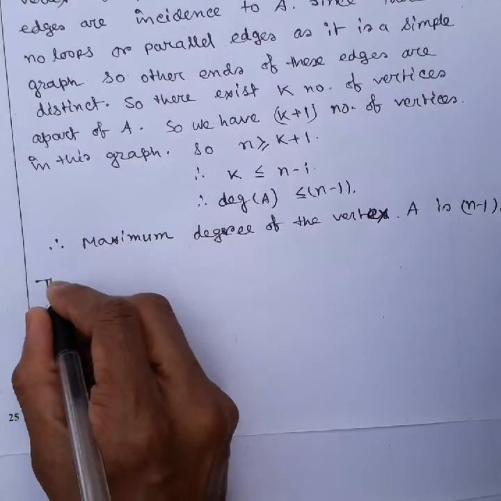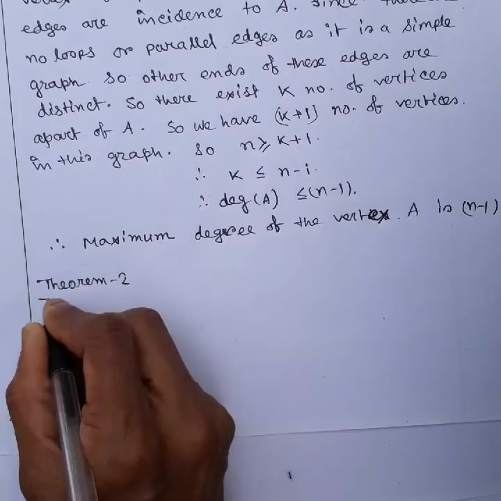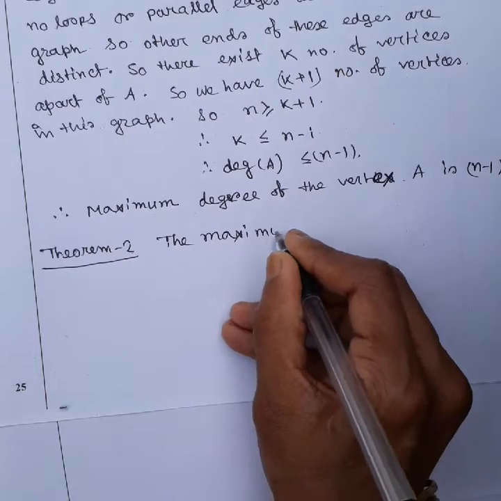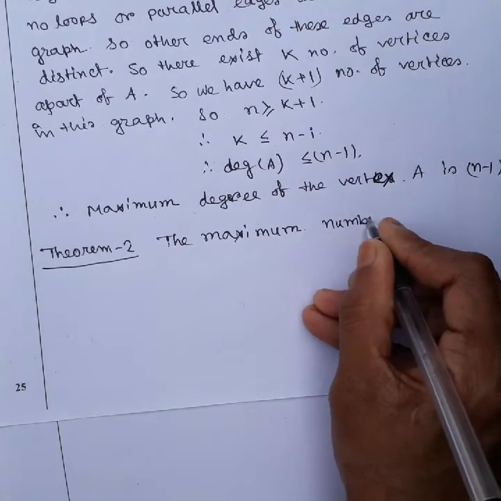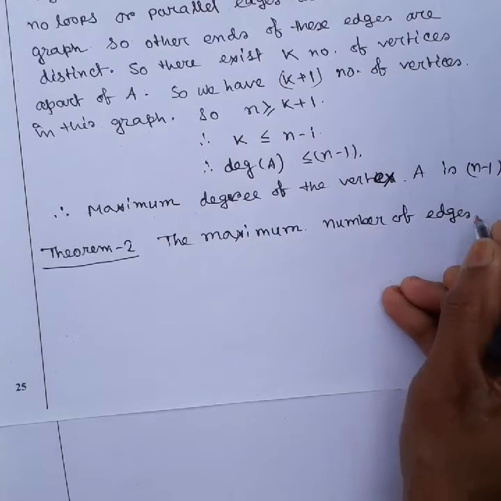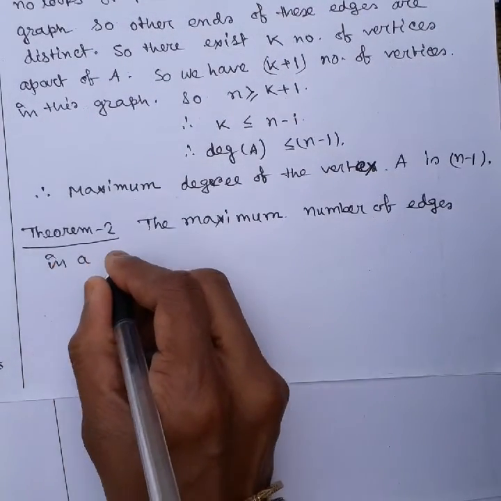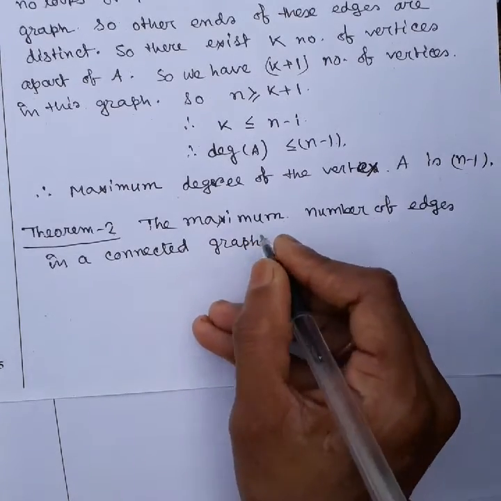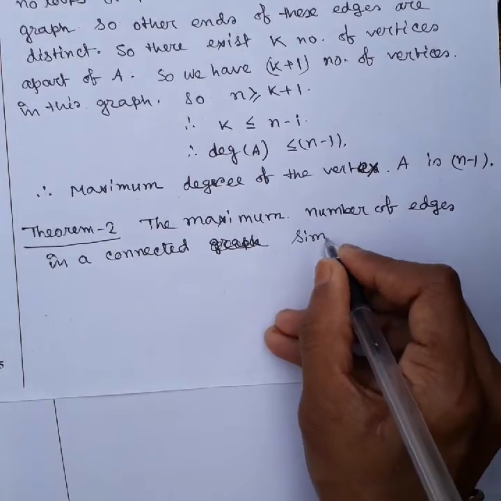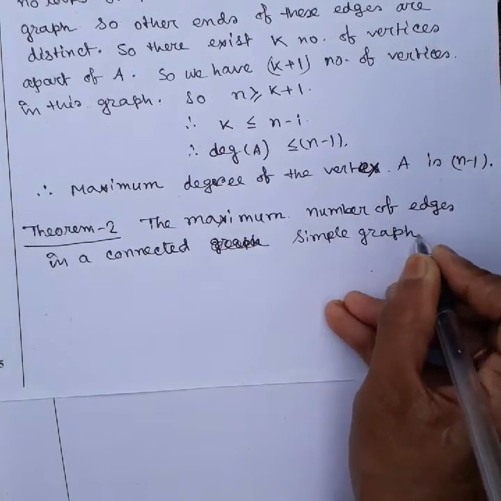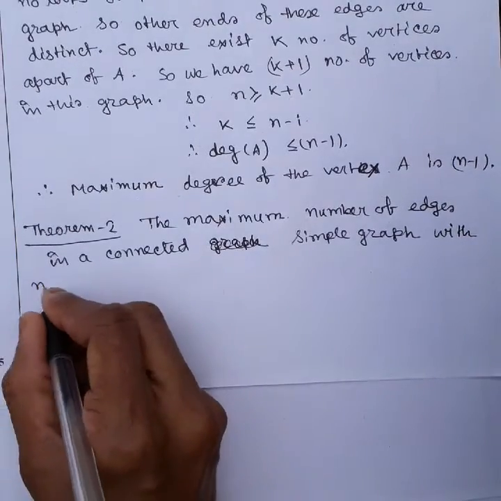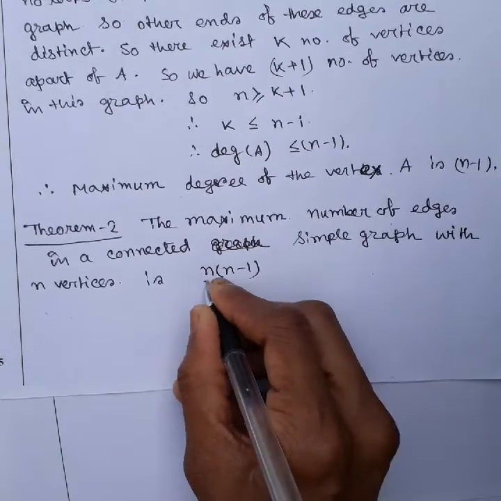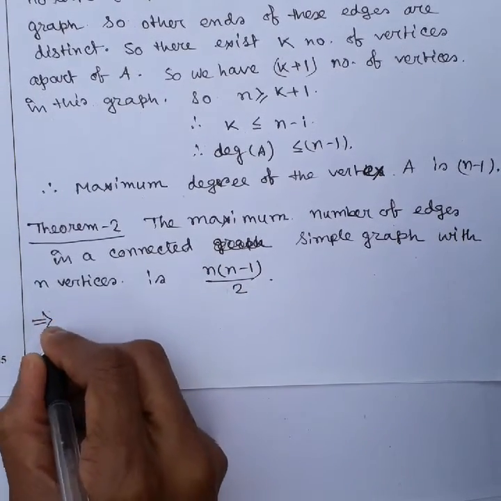Next, theorem 2. The maximum number of edges in a connected simple graph with n vertices is n into n minus 1 by 2.